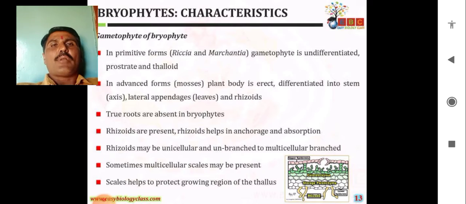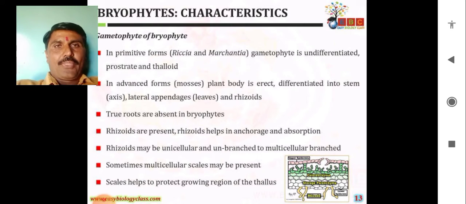Sometimes the genus of bryophytes grows on the surface of leaves, and the condition for this phenomenon is known as epiphyllous. When they are growing on the trunk, they are known as epiphytic, and so on. So these are the various forms, habit and habitat of the bryophytes.